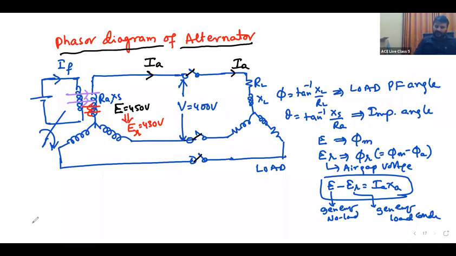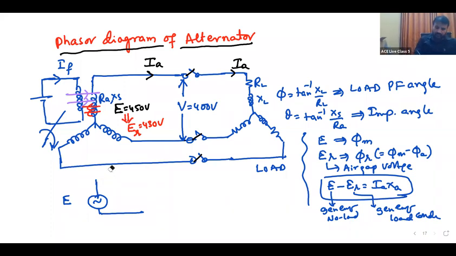If you draw the equivalent circuit of this, this is E, the generated EMF. This is the armature reaction drop, j into IA XA.